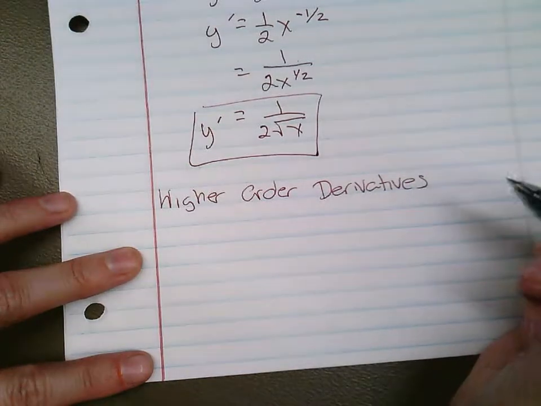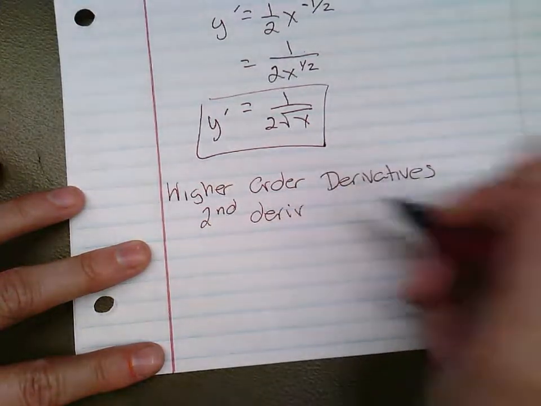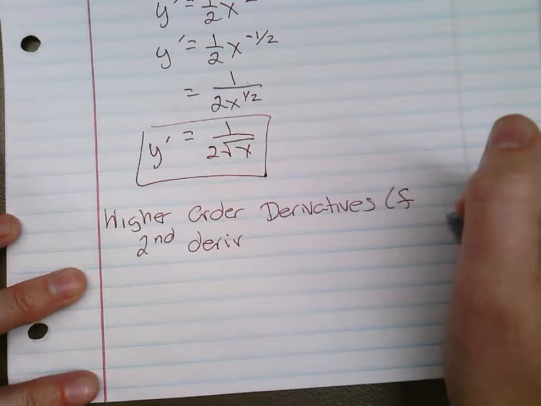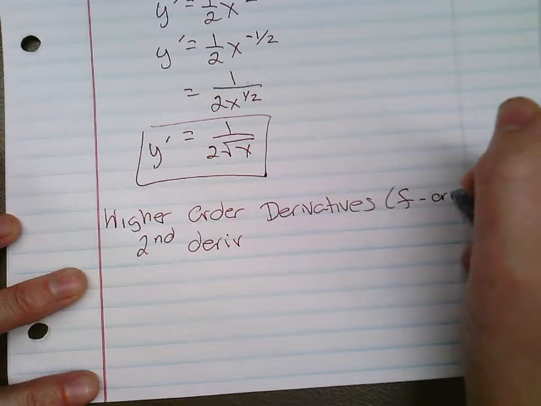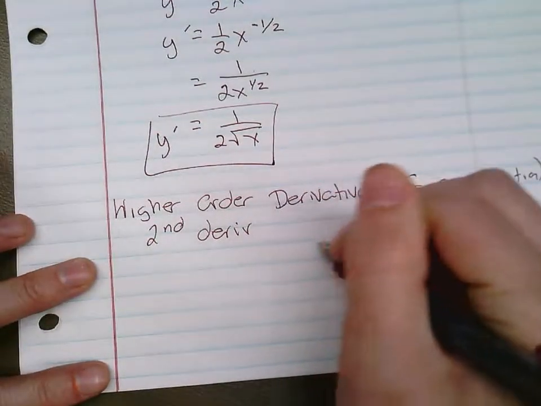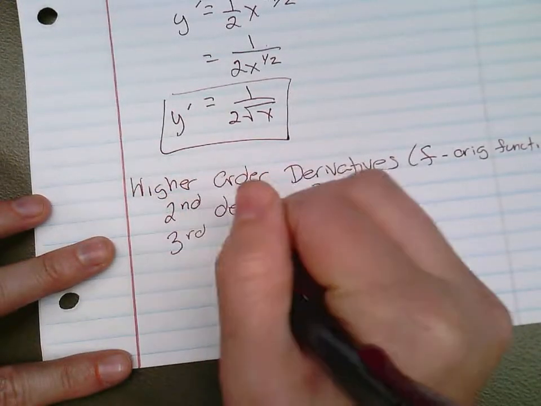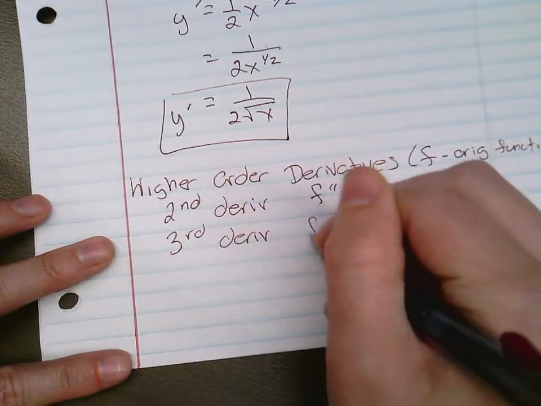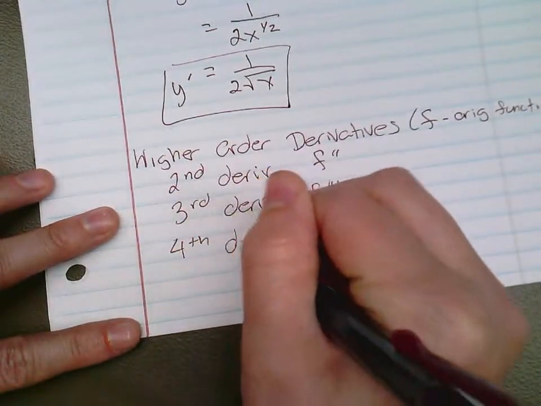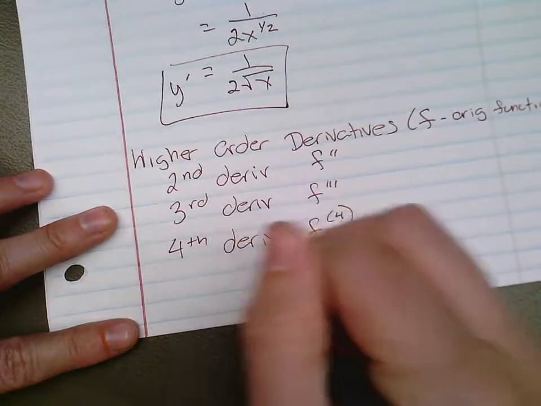So the second derivative, if we're using f as our original function, is going to look like f double prime. The third derivative is going to look like f triple prime. The fourth derivative is when you can just do f of 4 and so on.